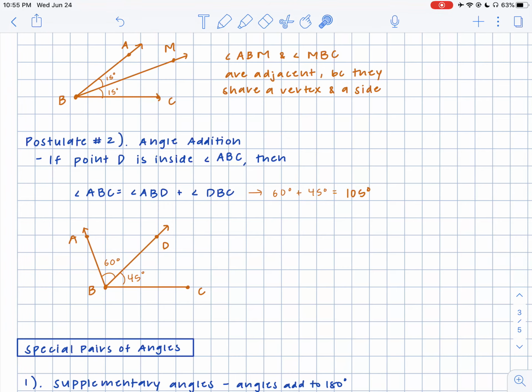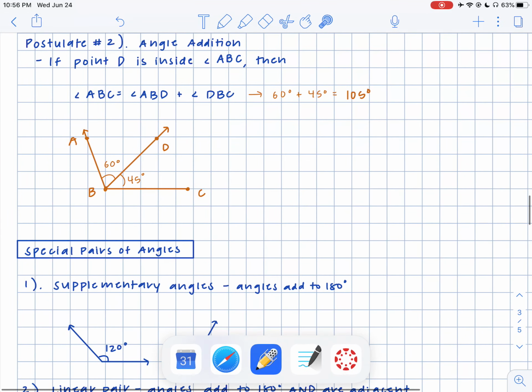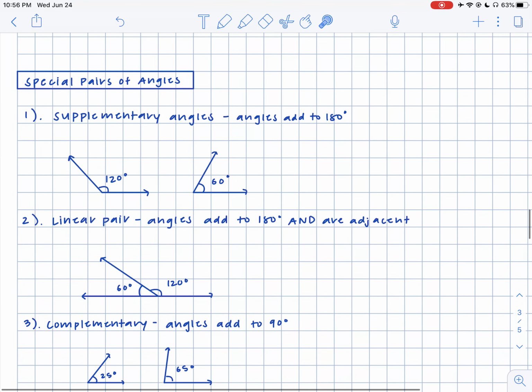Okay, so now let's get into special pairs of angles. Remember we talked about zero angle, straight angle. Those are defining a single angle, but now we're going to talk about a relationship between two angles. First one, supplementary angles.